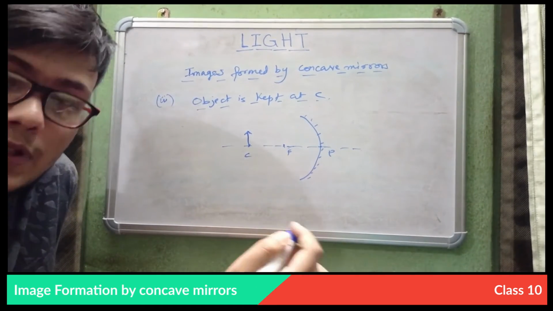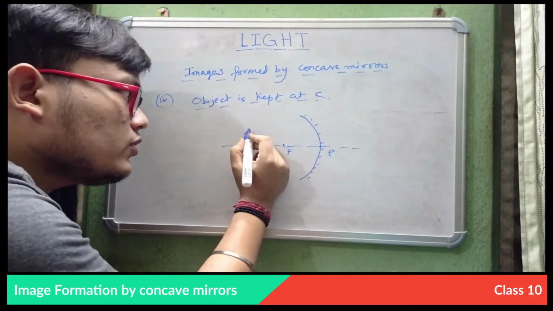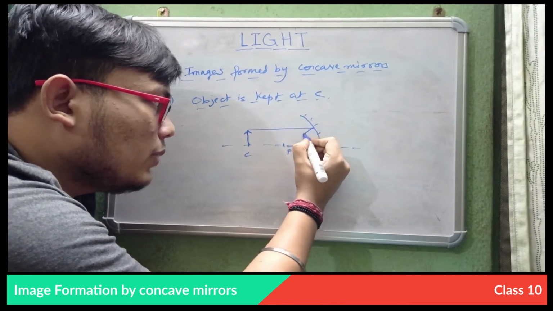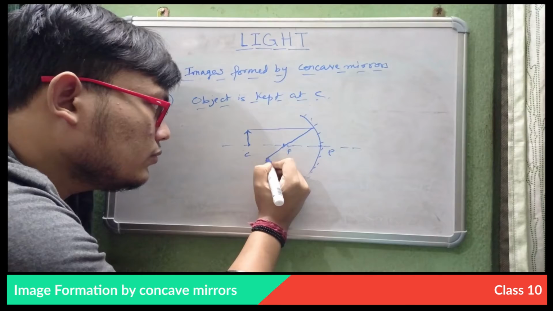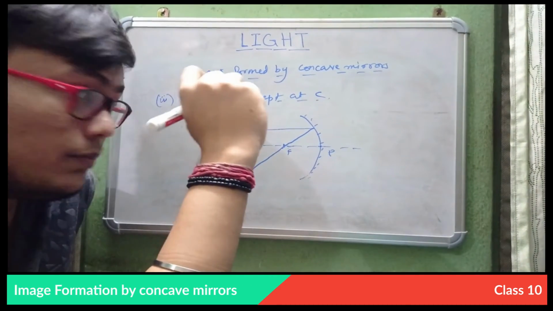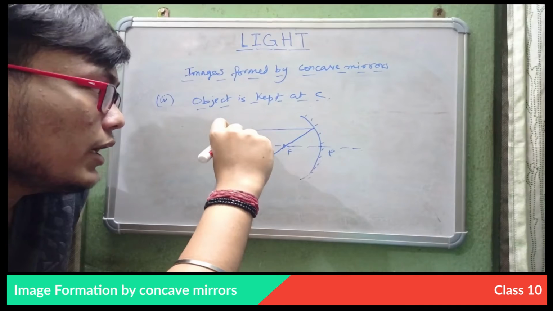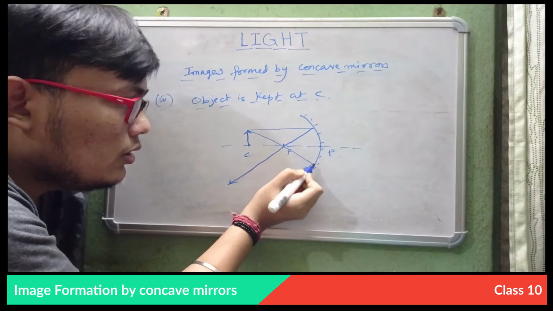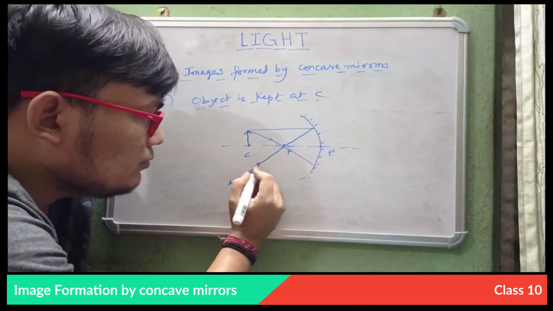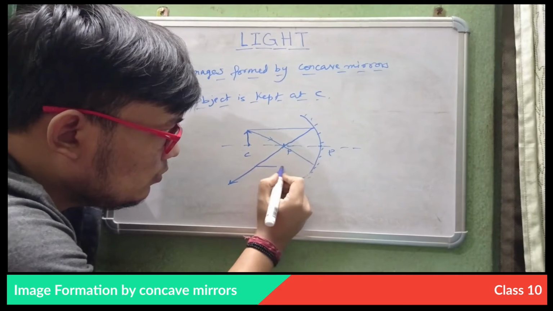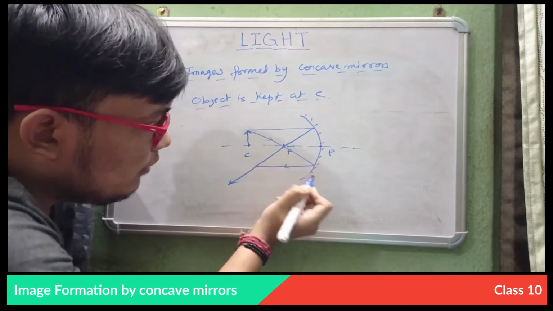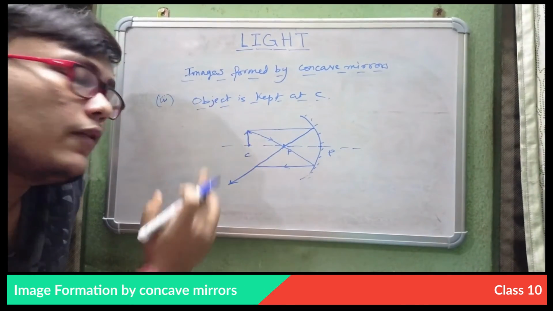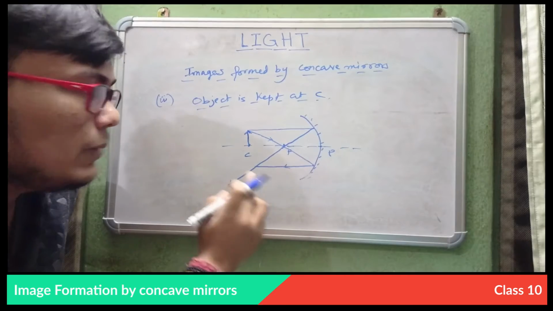Similarly, we will draw the similar ray diagram. So the first incident ray will be parallel to the principal axis, and after reflection will pass through focus, right? And the second ray will be passing through focus, and after reflection from the concave mirror will travel parallel to the principal axis.